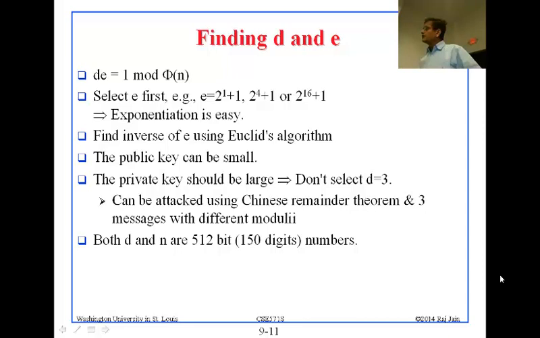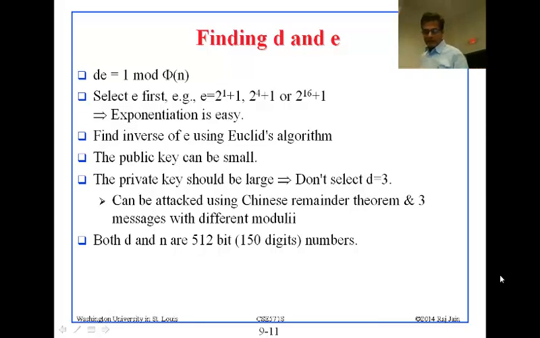Generally, the rule is don't select D to be a small number, because D is secret, and people will be trying all the possible numbers, and if D is a very small number, they would find it much faster than if D was large. E is public, and so E can be small. So don't select D equal to 3.